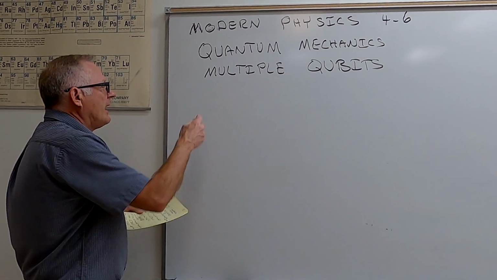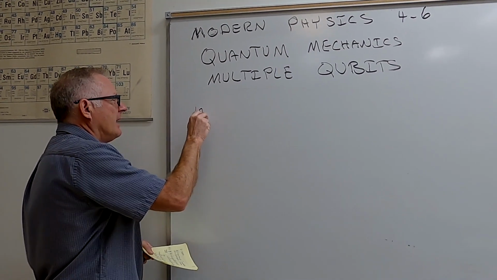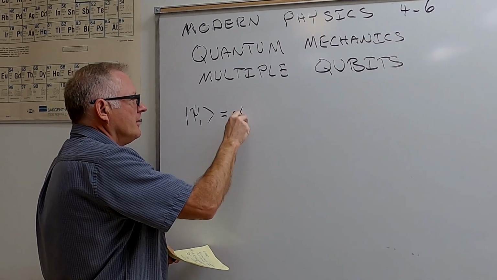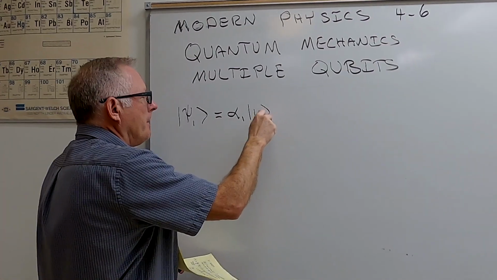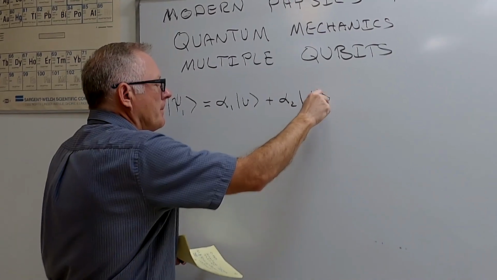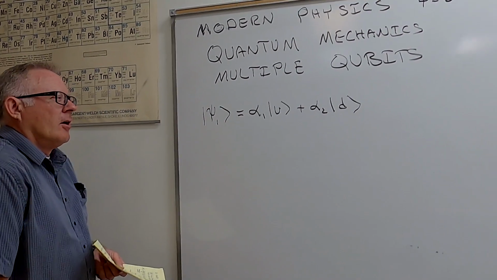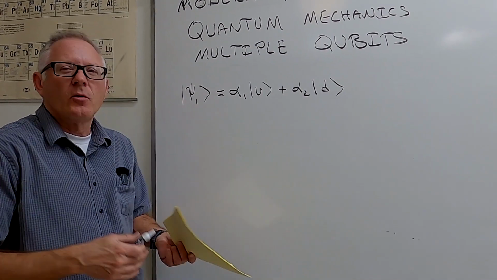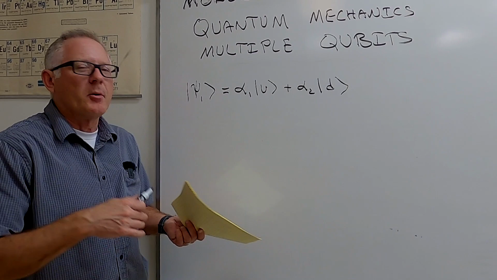So let's say we have a qubit right here, psi 1, and it's equal to alpha 1 up plus, say, alpha 2 down. You remember with C-bits, you're either a 0 or a 1, either an up or a down.